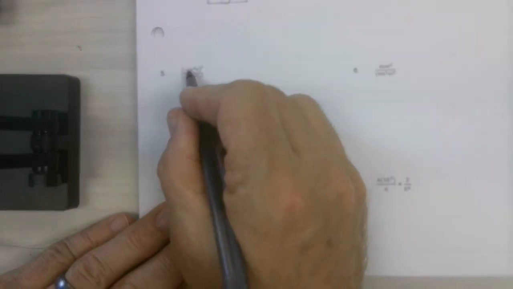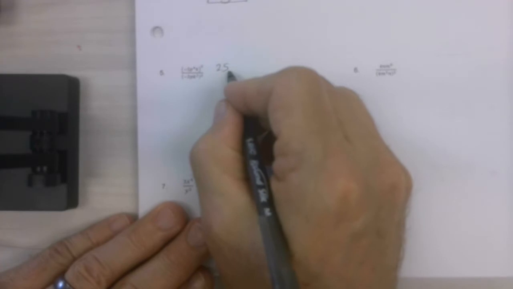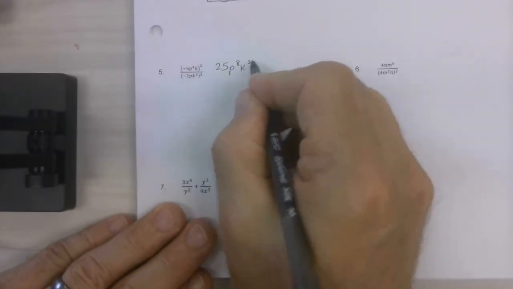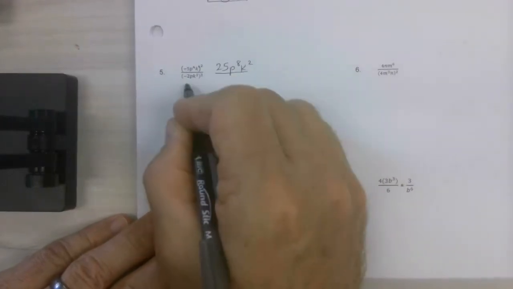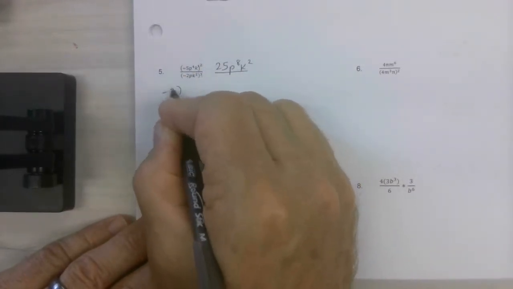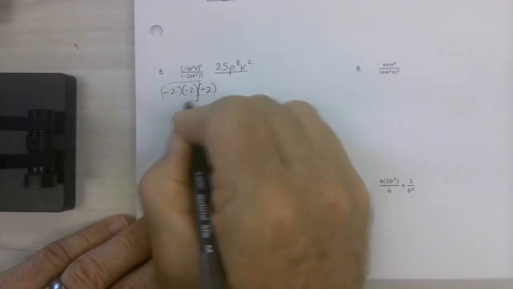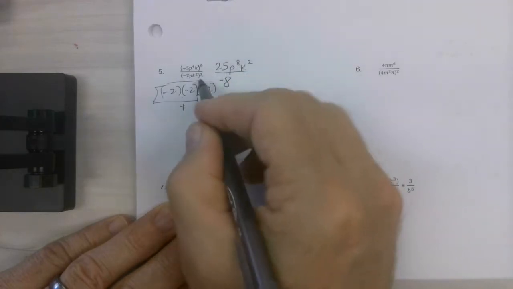So negative 5 squared is actually 25. Power to a power, we get p to the 8th. And then we get k squared, because there is an invisible 1 there, and 1 times 2 is 2. All over, negative 2 cubed is negative 2 times negative 2 times negative 2. This is 4, so 4 times negative 2 is negative 8.